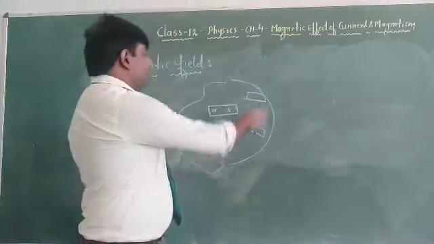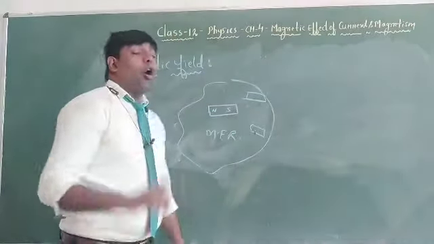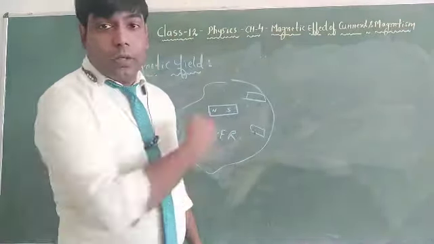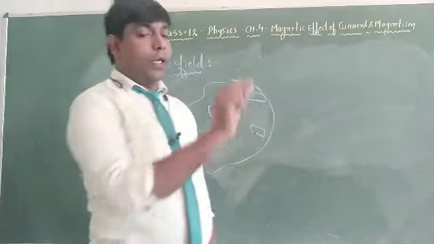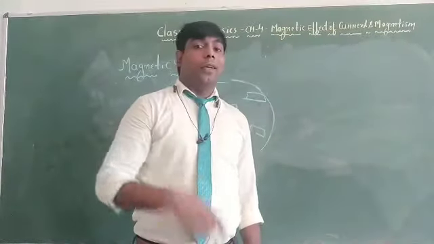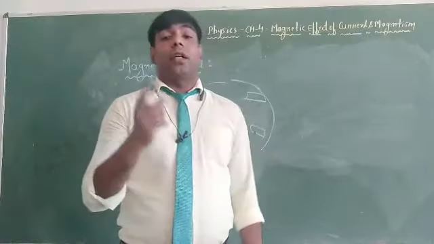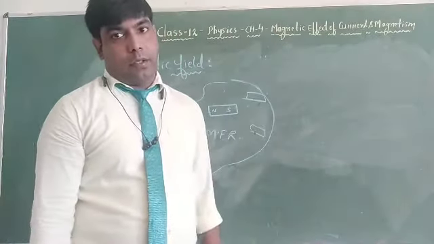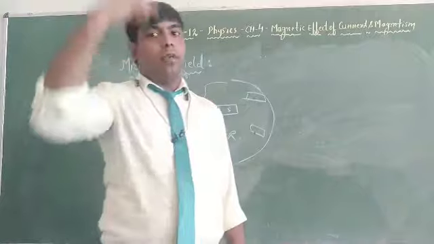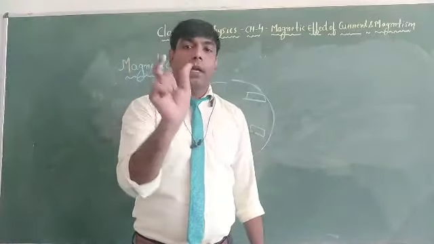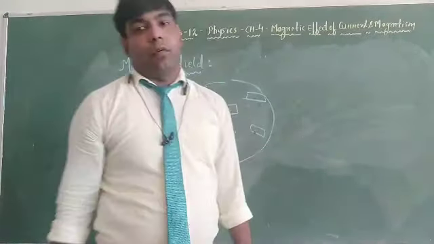That is, it is just a space around a magnet or a current carrying conductor, because we have seen Oersted's experiment, when current flows in a conductor, it creates a magnetic field, meaning that conductor will behave like a magnet, right? So current will also generate a magnetic field around it, and a magnet will also generate a magnetic field around it, right?